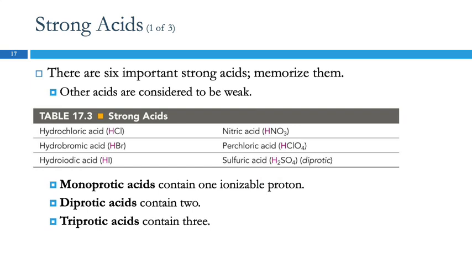Now, if you have tried to look up names and formulas of things on the internet, you may have found some different orders of letters, right? This is the way we write the formulas for acids in general chemistry. In general chemistry, the hydrogen comes first, and those are the ionizable hydrogens.